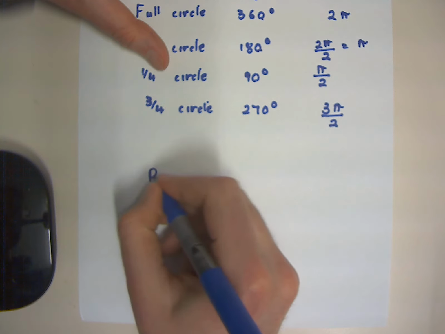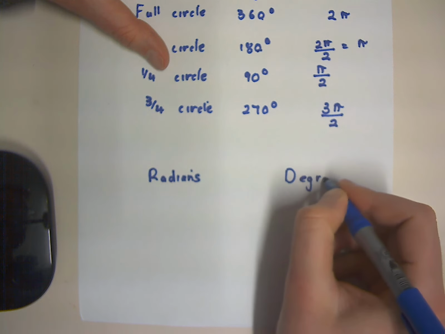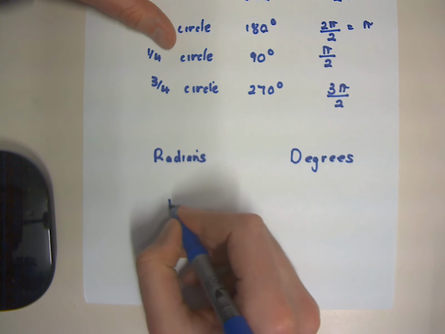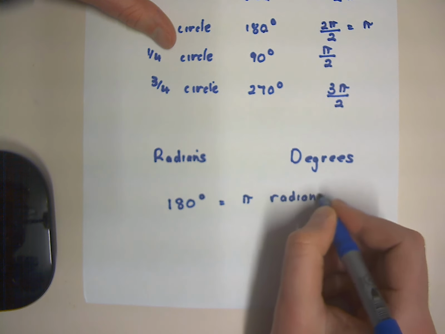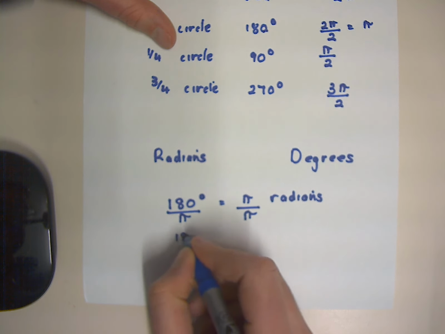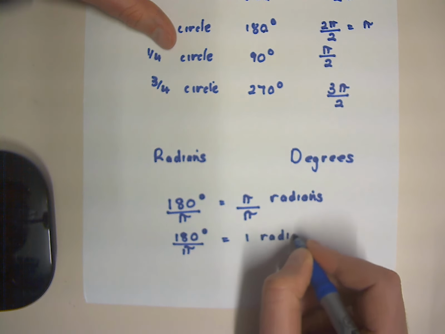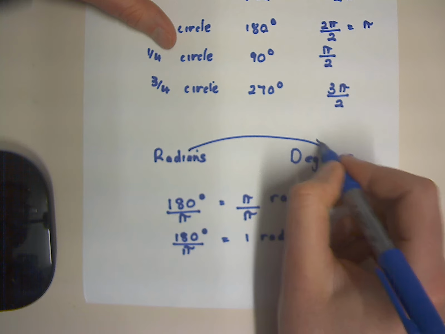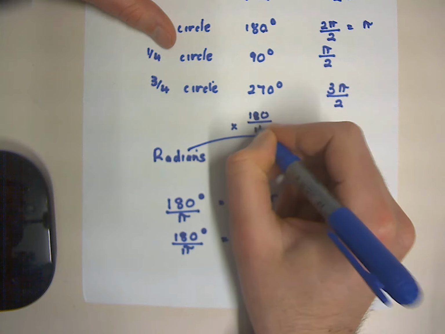But if we want the conversion to go from radians to degrees, well, we know that 180 degrees equals pi radians, which means if I divide both sides by pi, I get 180 degrees on pi is 1 radian. So if I'm going from radians to degrees, I want to multiply by 180 on pi.